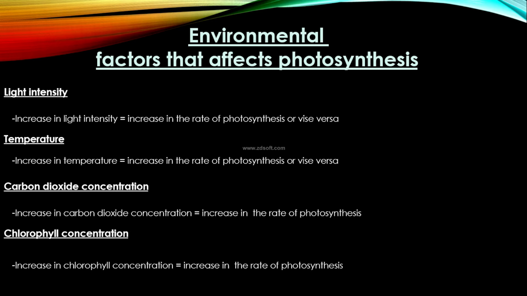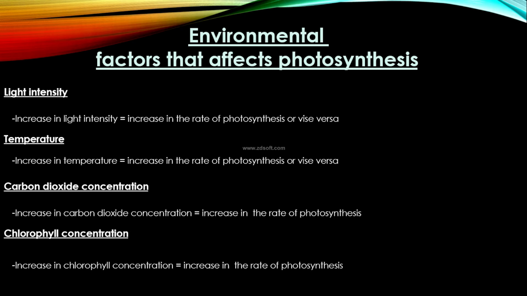as well as carbon dioxide concentration. When carbon dioxide concentration increases, the rate of photosynthesis also goes up, and when carbon dioxide concentration goes down, the rate of photosynthesis also goes down. So that's the environmental factor on carbon dioxide concentration.